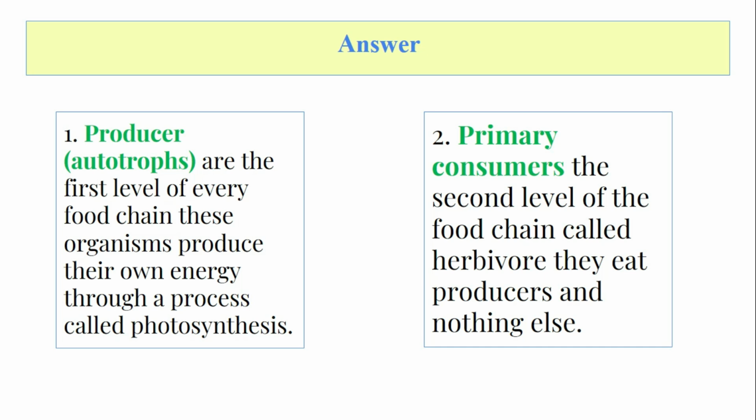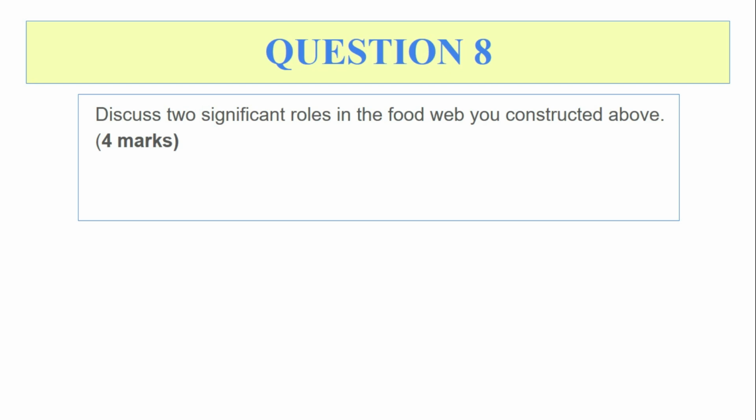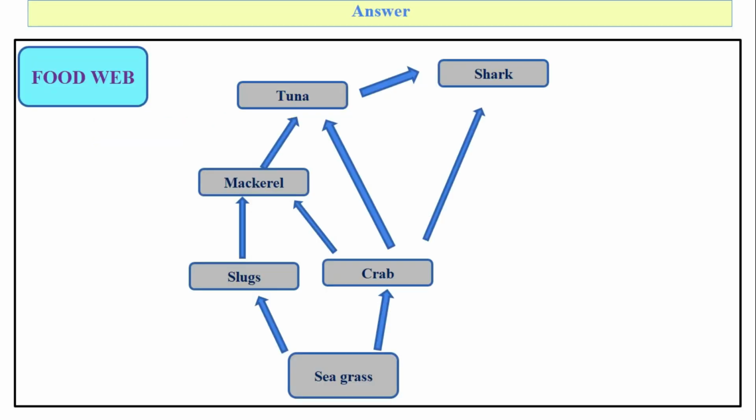Some animals don't eat plants, but yet they will need energy. For example, the shark doesn't eat plants, but the shark will eat the slug. So the shark may not eat grass, but it eats the slug to get that energy.